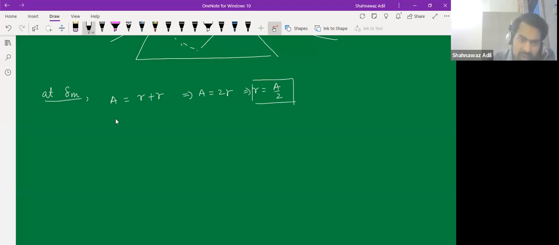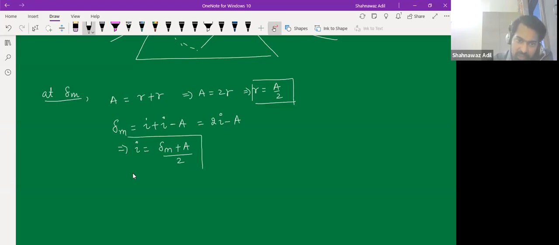And your minimum angle of deviation, this is what? This is I plus I minus A, right? So this is 2I minus A. So angle of incidence is how much? Angle of incidence is (delta M plus A) by 2.